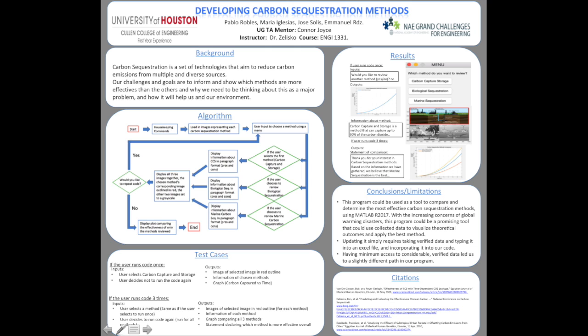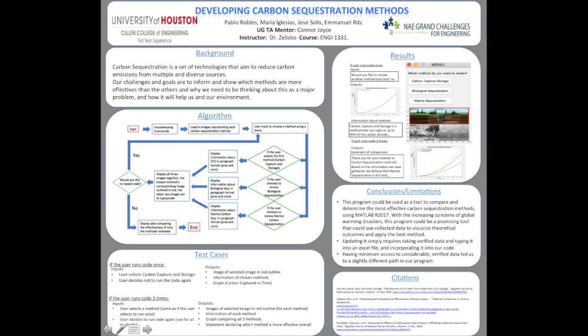After that, we ask the user if they would like to review another method. If they say yes, we go back to the first menu, but now it says "already chosen" for the ones that they have chosen before. If they select one that says already chosen, we display a warning message asking them to select another one until they do. Then we go through the same process, the fprintf, the images, and we ask them again.